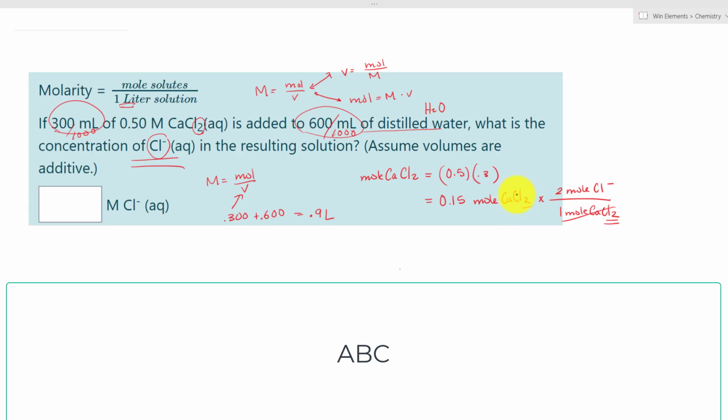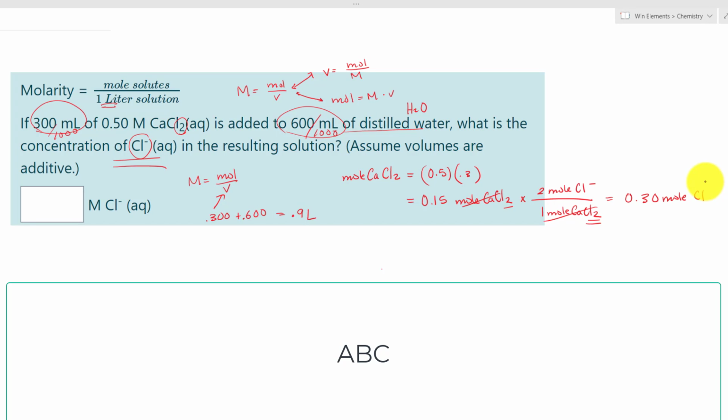Now this cancels out, and 0.15 times 2 gives you 0.3 mole of chloride ions. This is a little bit tricky because now we're involving mole ratios in it, okay? So we cannot solve using molarity as a conversion factor directly because we're looking at part of a specific compound.